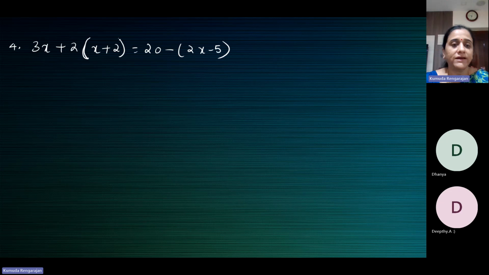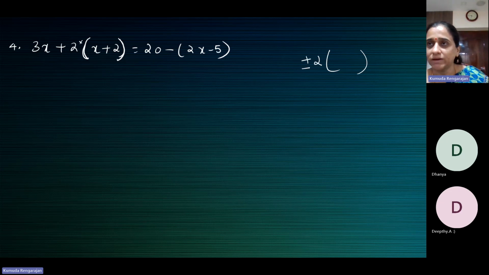So now outside this bracket, what do we have? 2. Outside this bracket, we have 2. So it's 2 into x plus 2, right? Now, see here, there can be two cases. Outside the bracket, there can be a number and then the sign plus or minus.